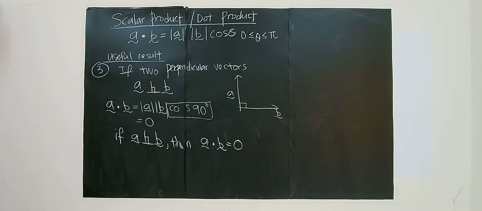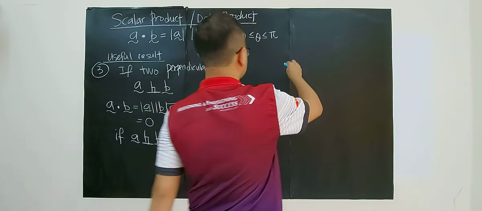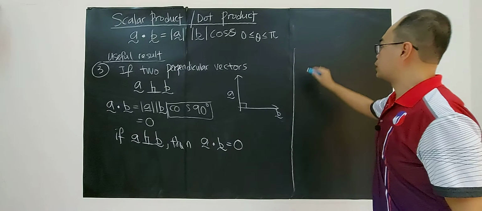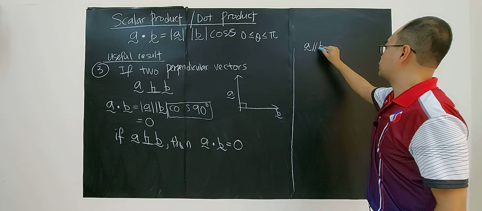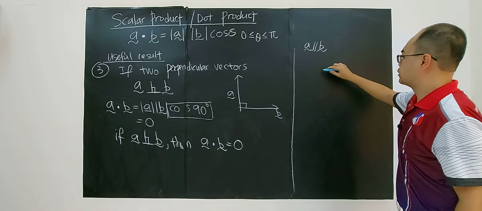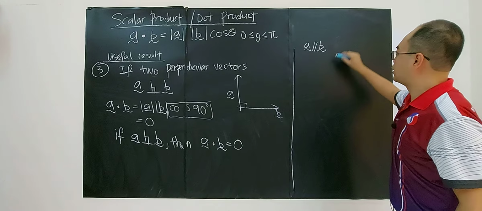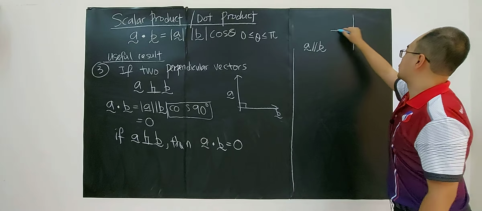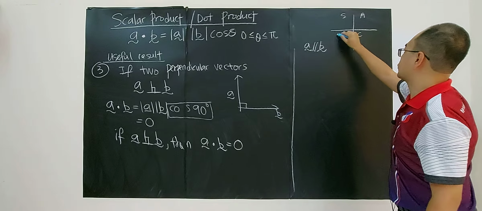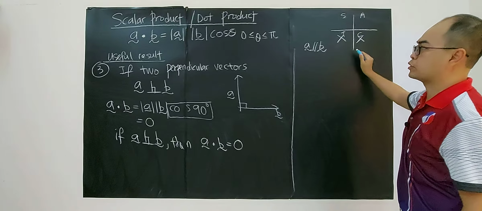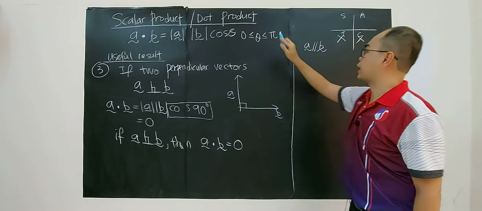Alright, based on the angles, the conclusion here will be, let's say, vector A is parallel to vector B. For cos theta, we're not going to look at this quadrant because theta is between 0 and 180, right?